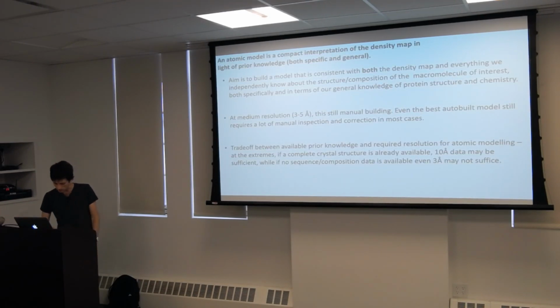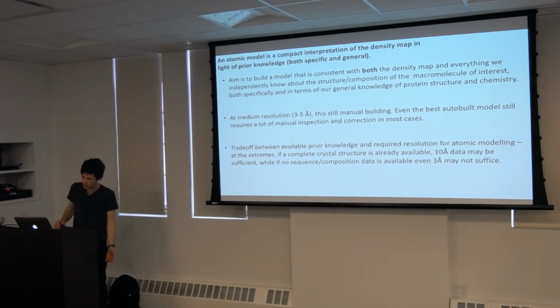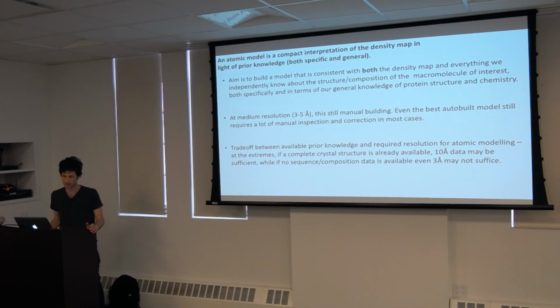Anyway, so why do we want to build an atomic model into an EM map? All the information is there already, right? Well, the aim of building an atomic model is basically to create a compact interpretation of the density map, incorporating prior knowledge.